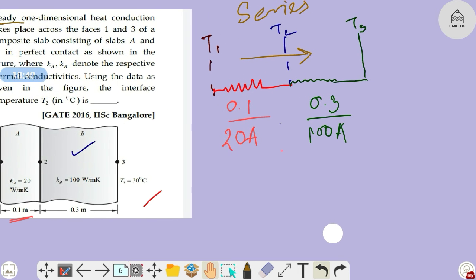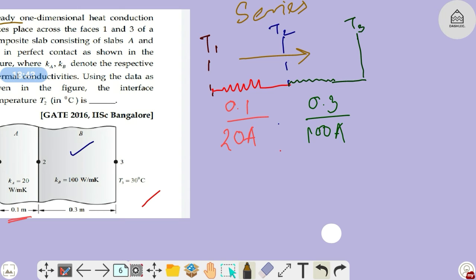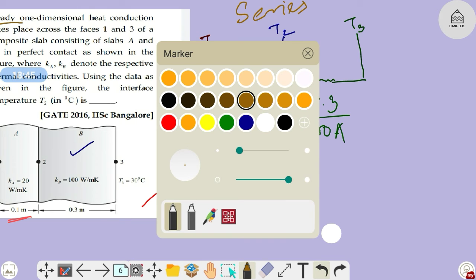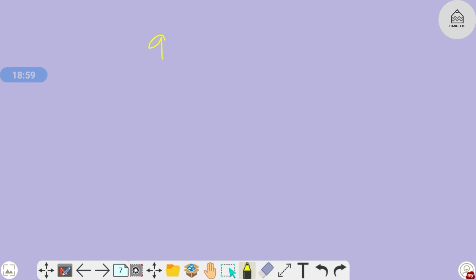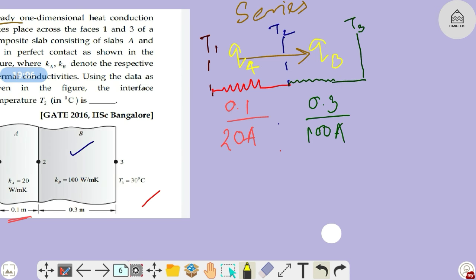So what I can write, QA, the heat in A, and QB, the heat that is traveling through B, QA will be equal to QB. What is QA?